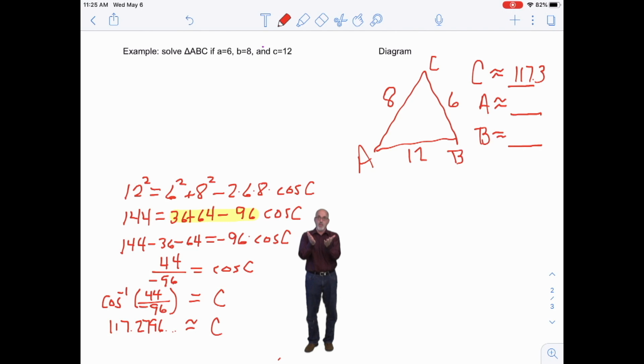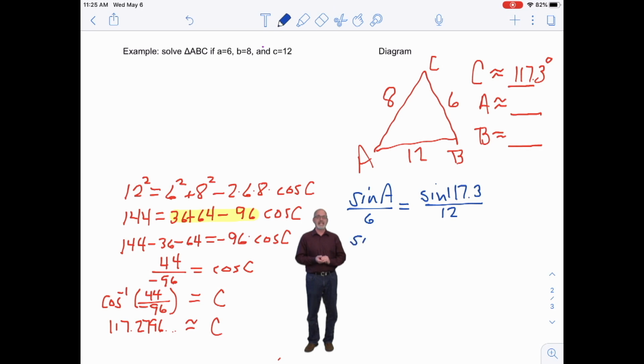Now, once we've got one of them, let's use the law of sines to calculate what comes next. So I'm going to do the smaller of the two, which is A, so sine of A over 6, the smaller side, equals sine of 117.3, that's angle C, over side C, which is given to us as 12. Now we can multiply by 6 on both sides to get it out of the denominator.